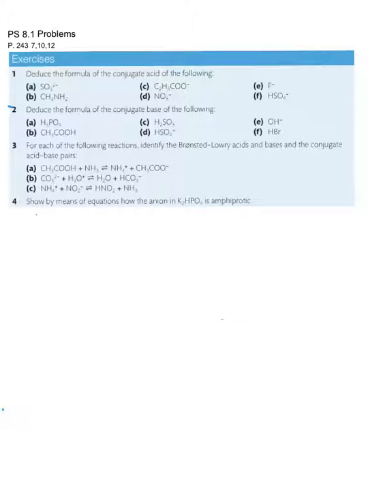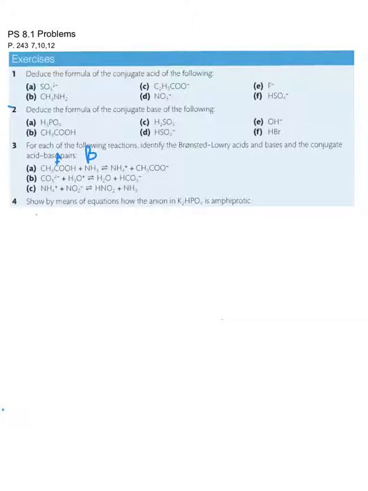For number 3, it says, identify the Bronsted-Lowry acids and bases and the conjugate acid-base pairs. So if I look at A, CH3COOH has given up a hydrogen, so this is my acid, and NH3 is gaining that, so that's my base.